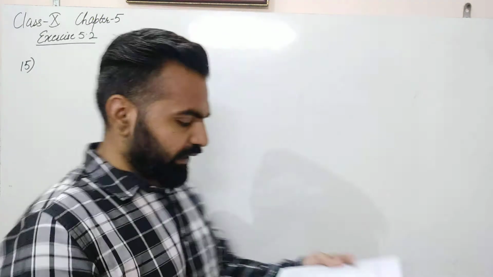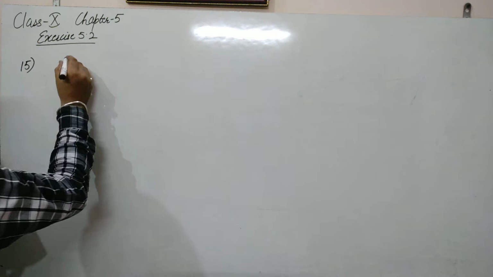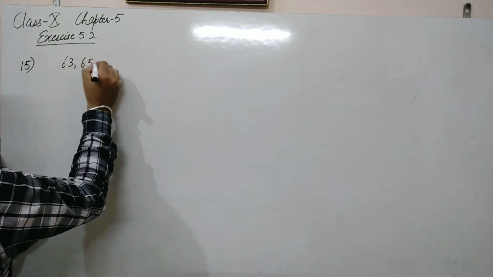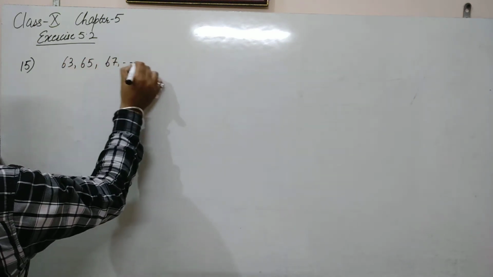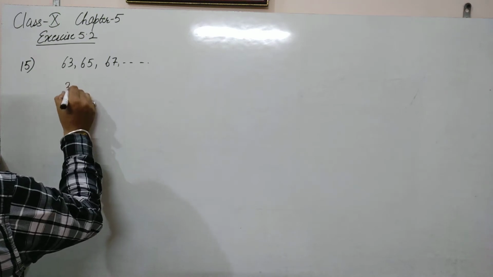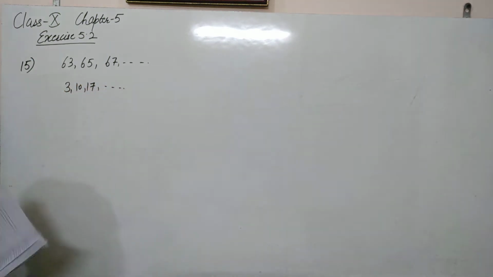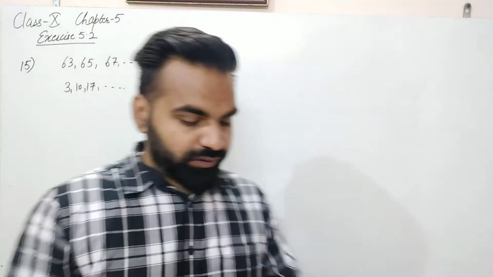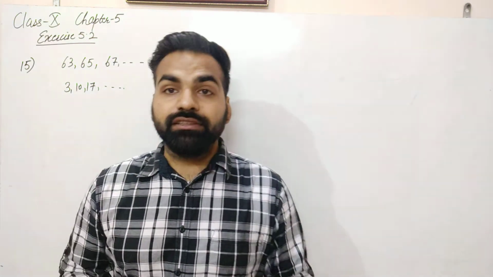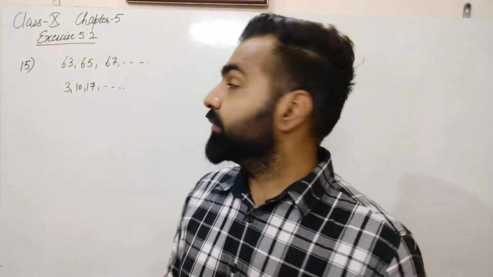Question number 15 now. For what value of n are the nth terms of two APs equal? Two APs are given: 63, 65, 67, and the second AP is 3, 10, 17. So we have to tell for what value of n the nth terms of these two APs are equal.